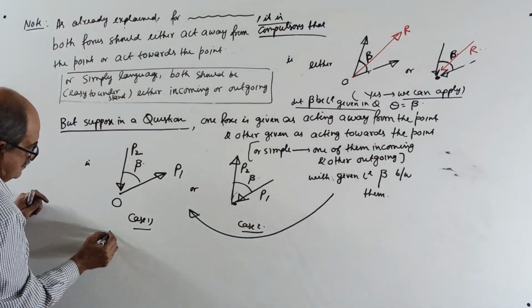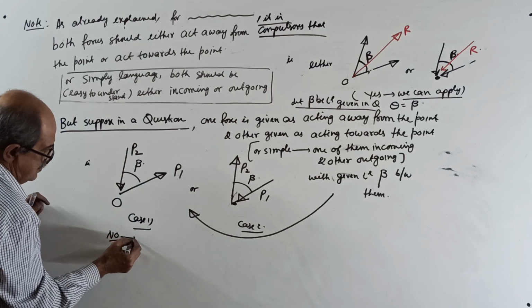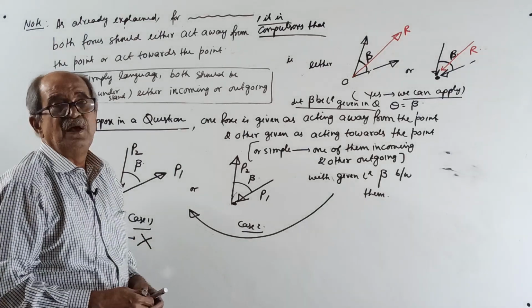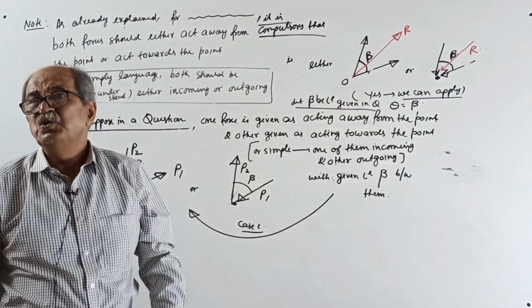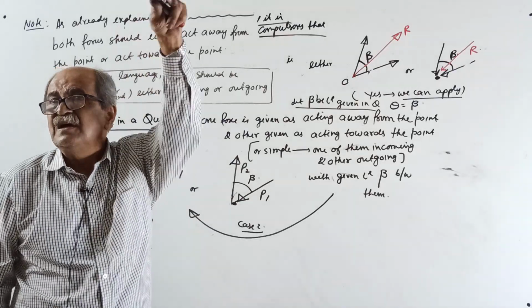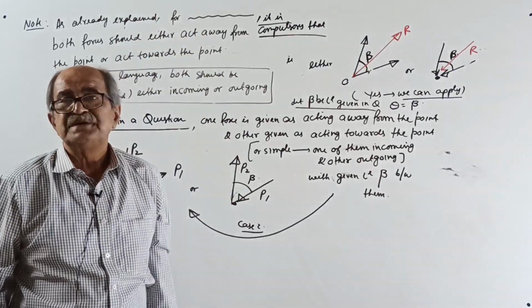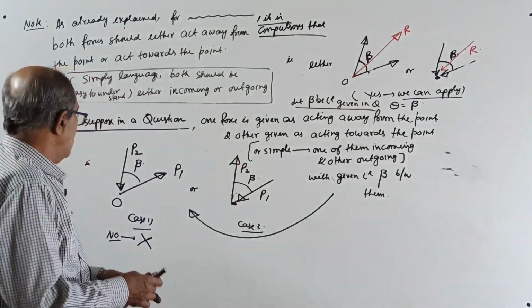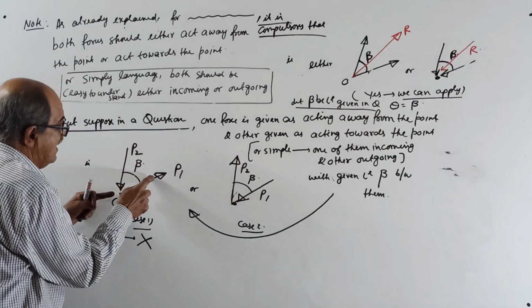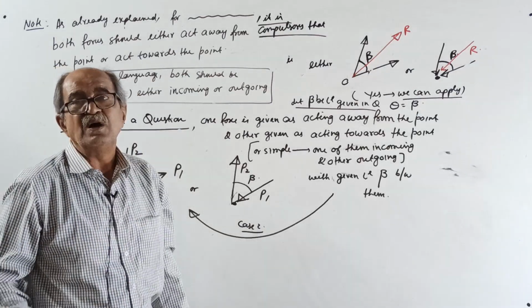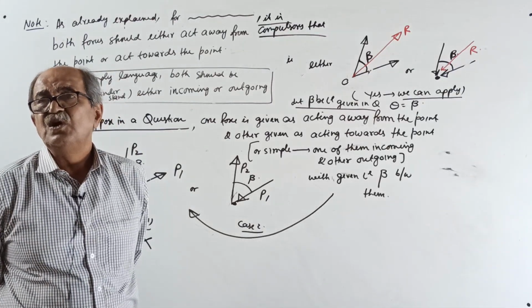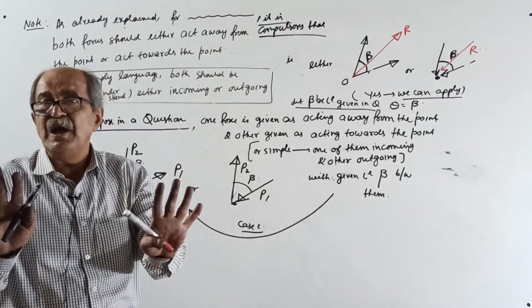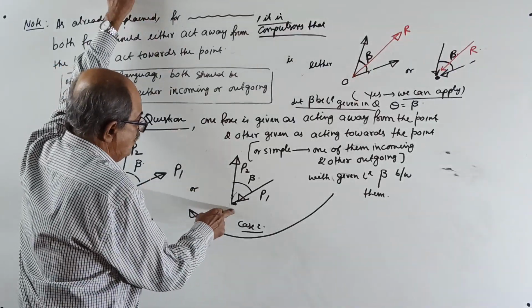No, you cannot use the standard format we considered for R, where R acts like this with angle alpha, beta. That is wrong. It will give a wrong result. What to do? Wait for some time, I will tell you.